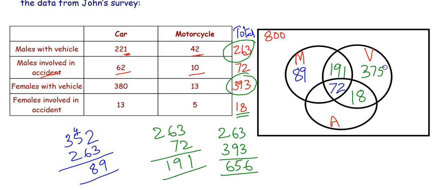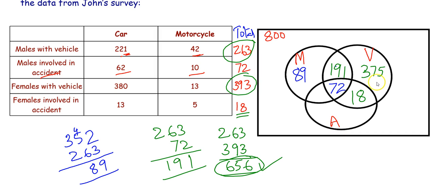So altogether this number 263 plus 393, those are the vehicle owners, either a car or motorcycle, and males and females put together it is 656. So out of that 656, 191 are the males and they were not involved in accidents. 72 are the males, vehicle owners, and they were involved in accidents. 18 students are the females and they were involved in accidents.